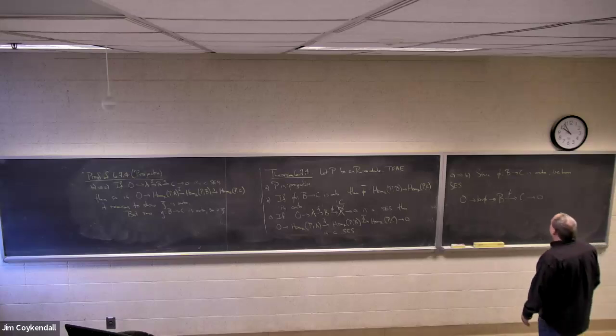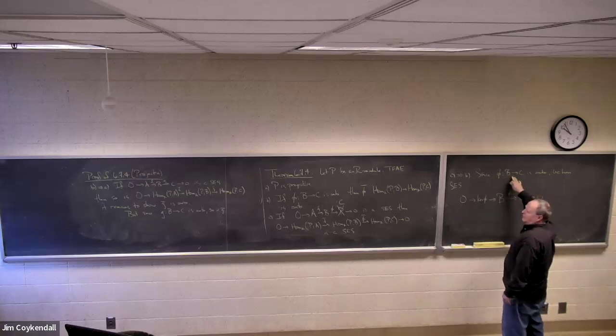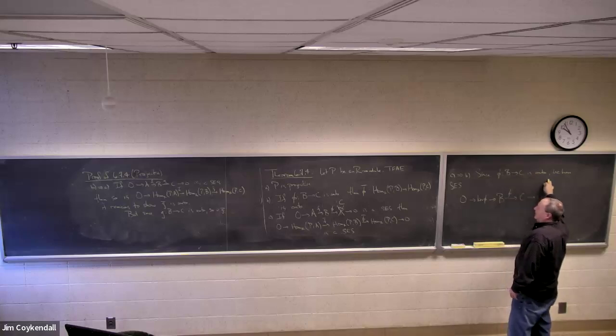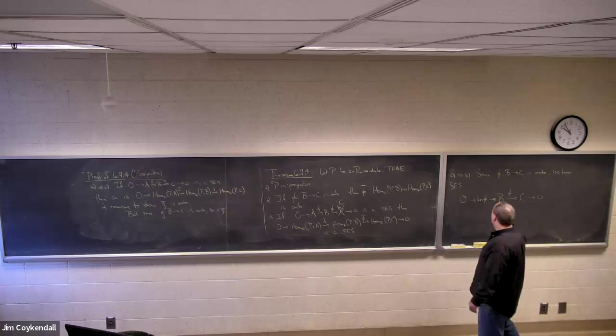So what do we have here? In the proof, we have phi from B to C is onto, and so now we've got this short exact sequence that we've built.